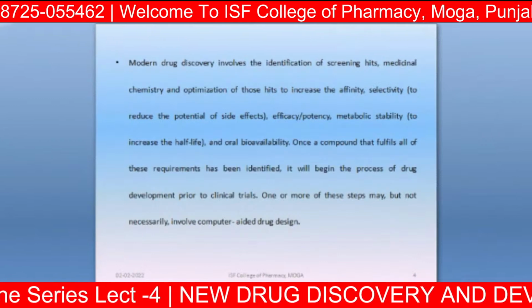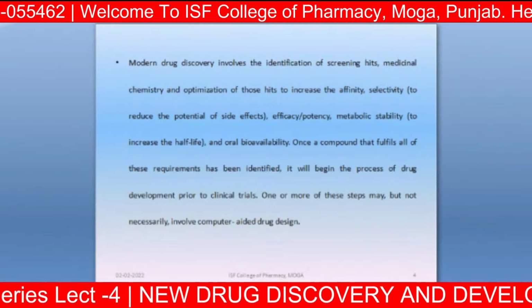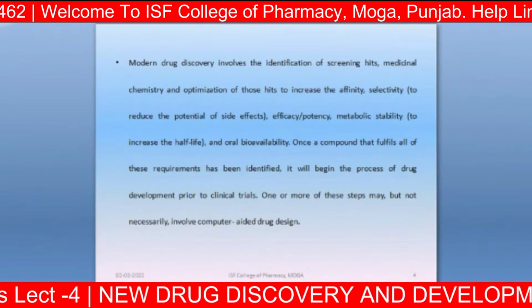So this is one example by which we can identify a hit protein.